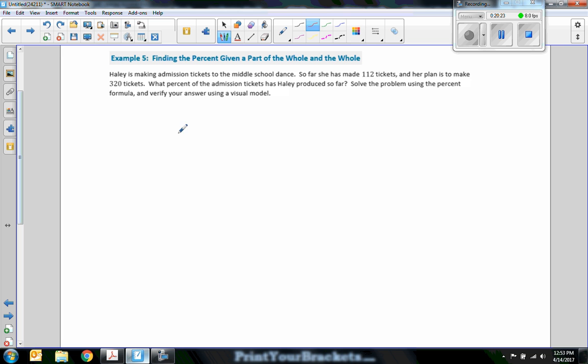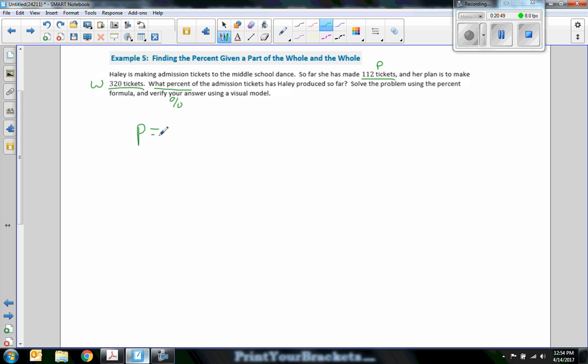Okay, example 5. Haley is making admission tickets to the middle school dance. So far, she has made 112 tickets, and her plan is to make 320 tickets. What percent of the admission tickets has she produced so far? So this is the part, this is the whole, we don't know the percent.